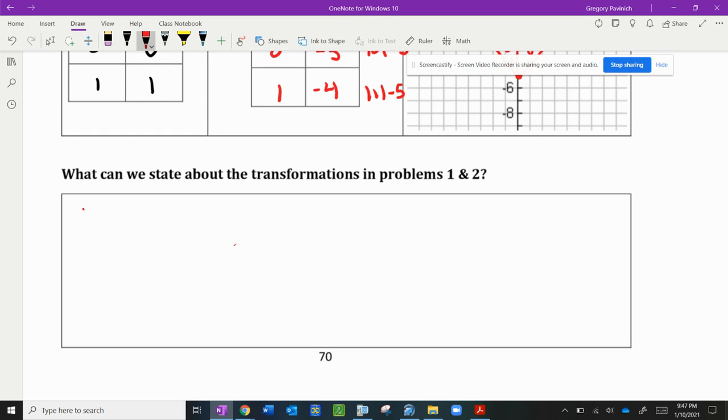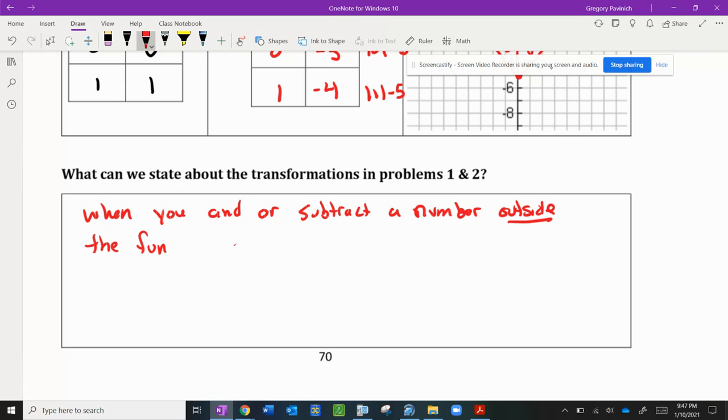You can say when you add or subtract a number outside the function, or parent function, the function shifts vertically.